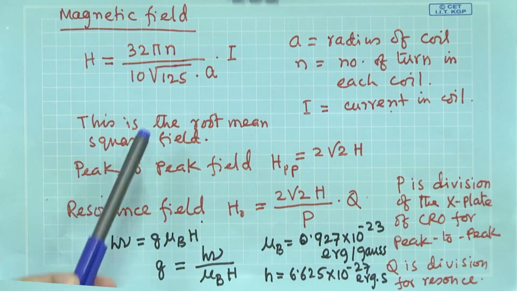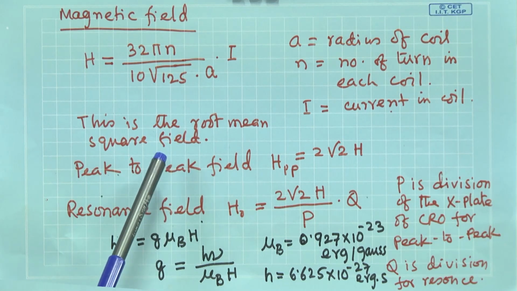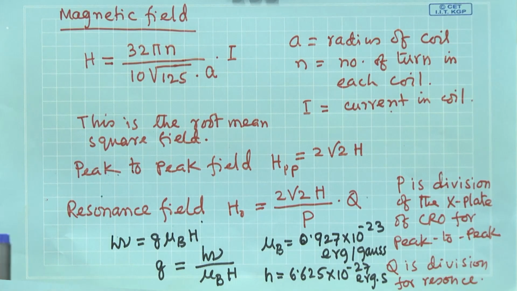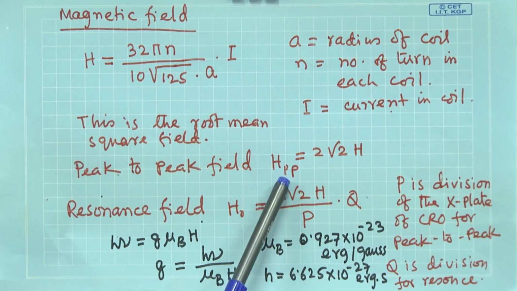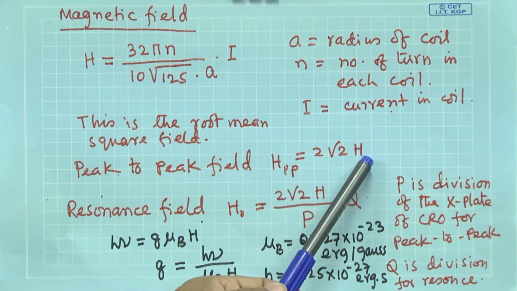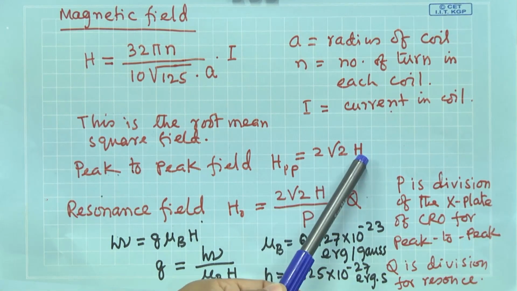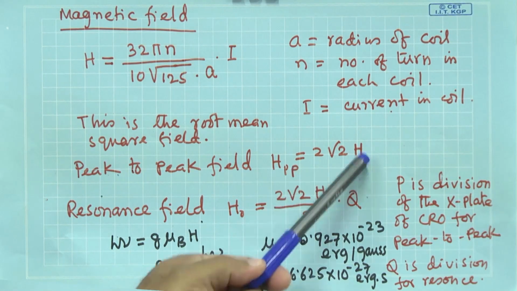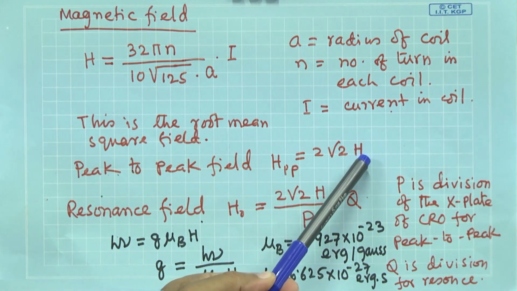Here this value is a root mean square value in the case of an AC field. But the peak to peak field is what we will measure from the CRO. So the relation between the peak to peak field and the RMS field is 2 square root 2 times the RMS value of field H. So you are measuring this, and from there you can find out H.